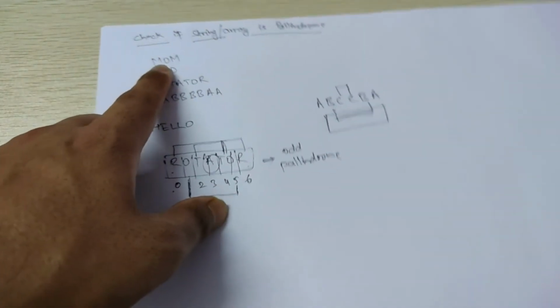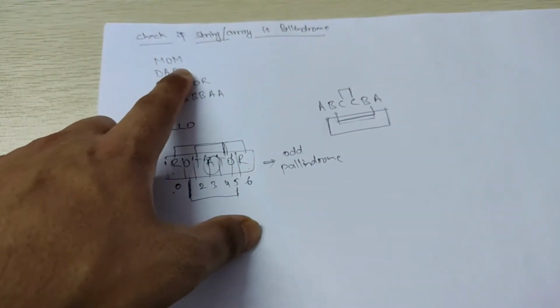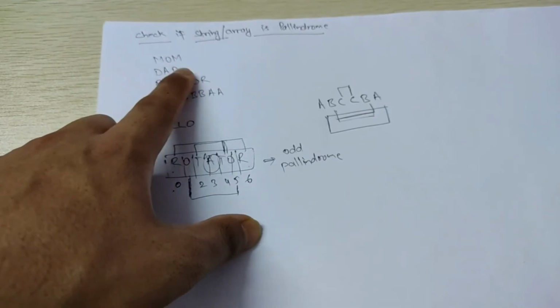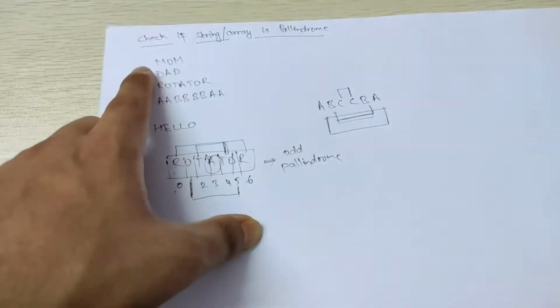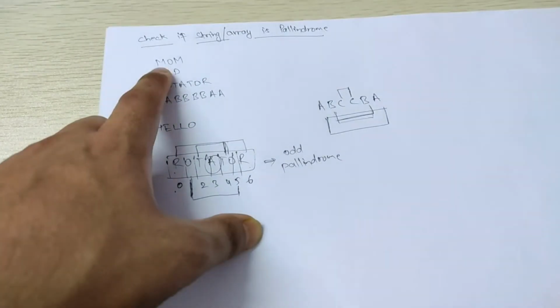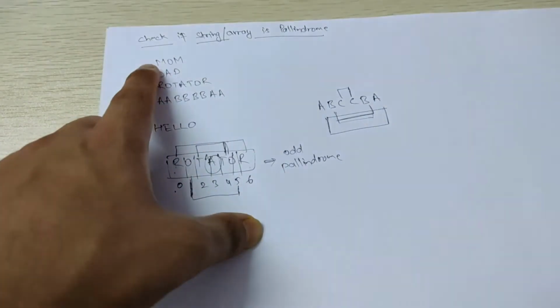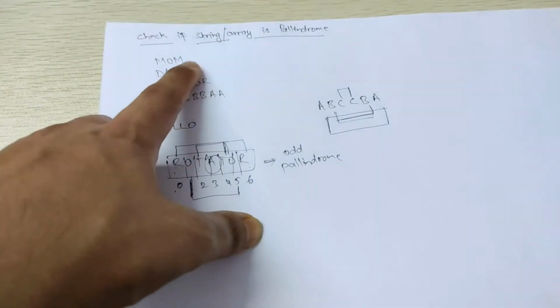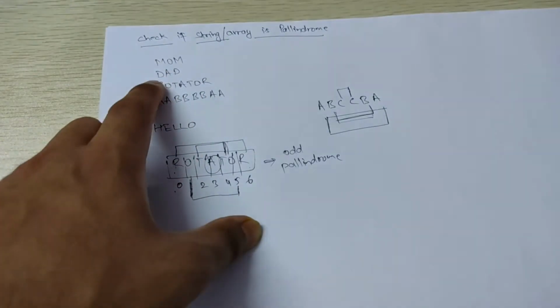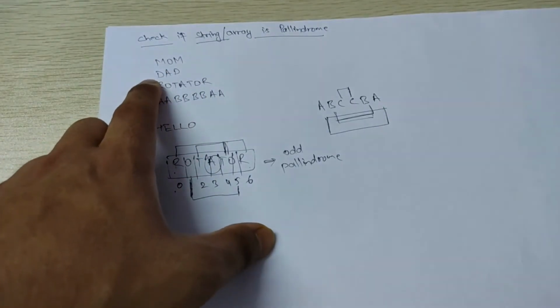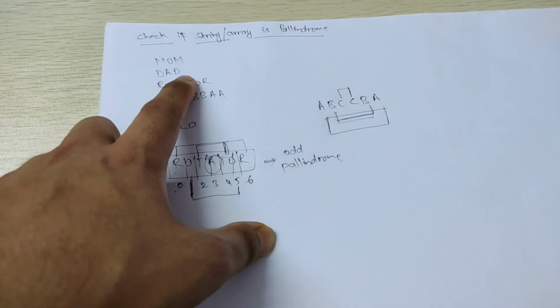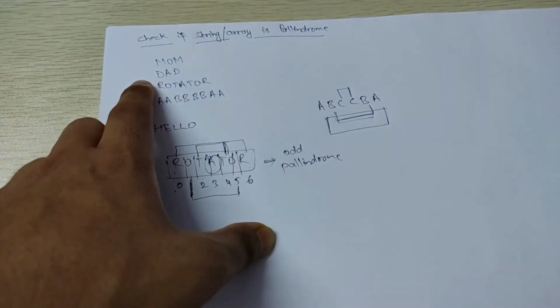Let's see examples which give you a clearer idea. This is an English word, mom. If you read it from left to right and from the backward, from right to left, it still remains the same. Same with this word: from this side it is dad, and from this side it is dad.